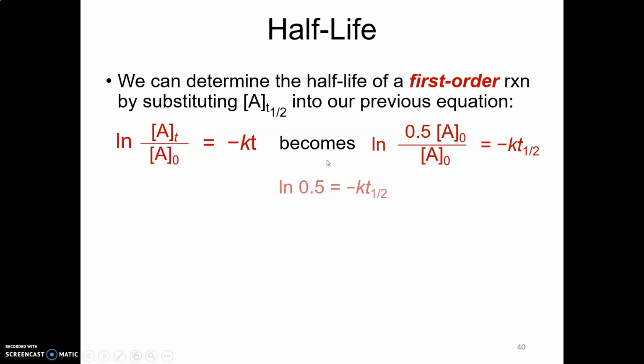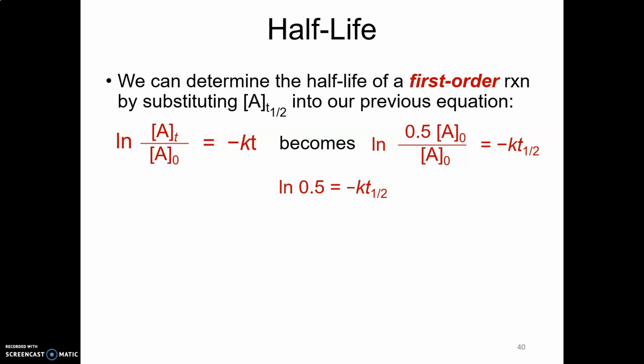The first thing we can do is notice that A0 divided by A0, anything divided by itself, goes to 1, so it completely disappears. Also note that we're specifying that T has a subscript of a half, specifically saying this is the half-life. That's what the 1/2 on the T is doing.